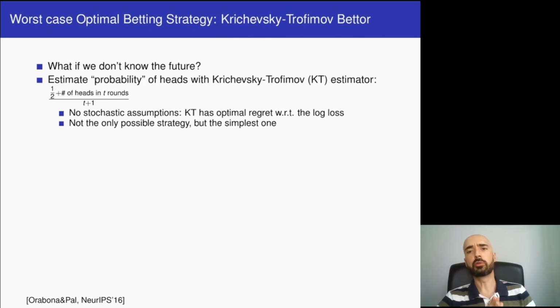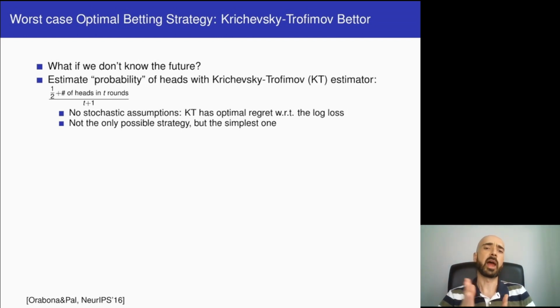If we don't know the future, what do we do? There are many strategies, but the simplest one is to use what is called Krichevsky-Trofimov betting. Now, Krichevsky-Trofimov betting basically says, in each round, we estimate the probability, and probability in quotes, because nothing is stochastic here, everything is deterministic. So this is just a number between 0 and 1, it's not a probability.